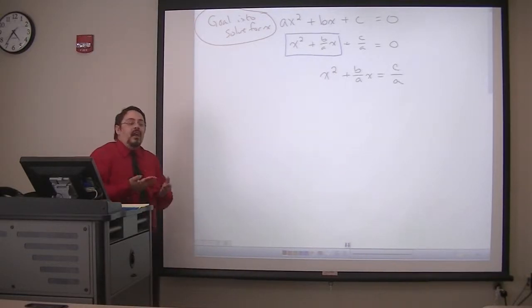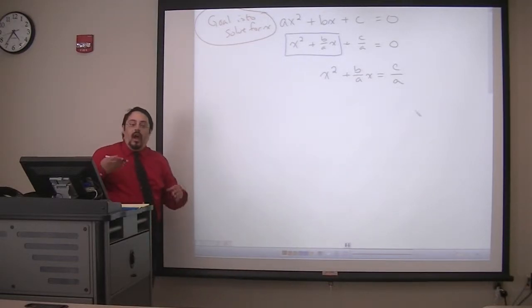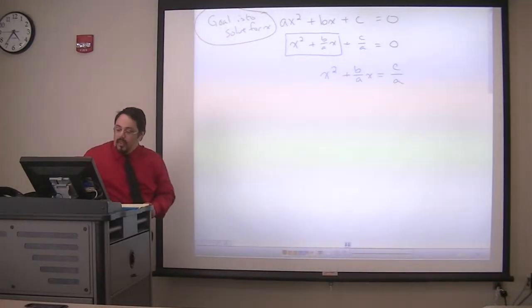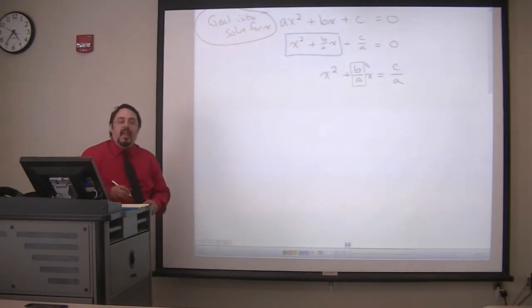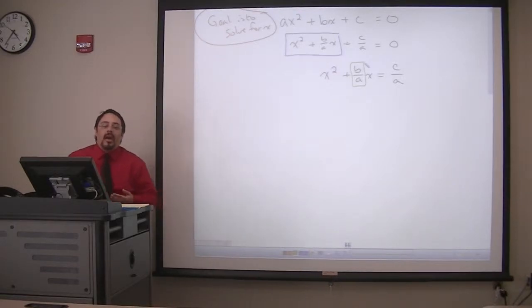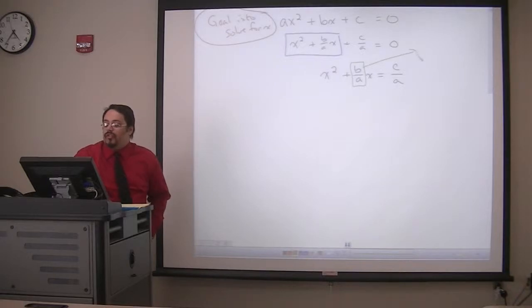So now we need to find out what we need to add to both sides in order to complete the square. Which means that we're going to take this middle term, and we normally divide by 2, but multiplying by 1/2 gives us the same result.